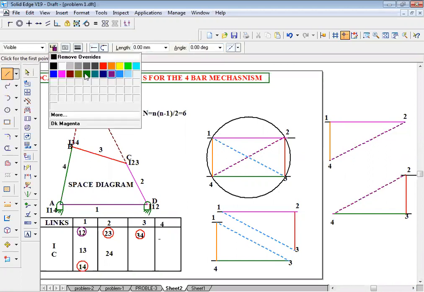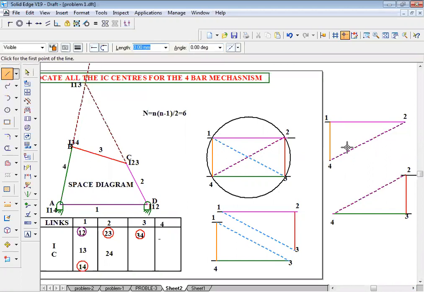So we'll take the first one as a hidden line, and take a different color. Where is I12? Here. And I14. So it is on the same line. Therefore, by extending or projecting this, you'll get I24 on the same straight line. For that, we require one more triangle. We need to consider I23 here, I34 here. By extending link number 3, somewhere both lines are going to cut.